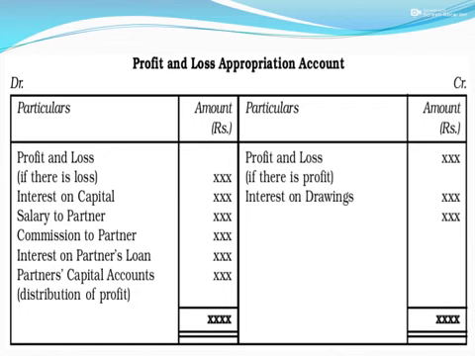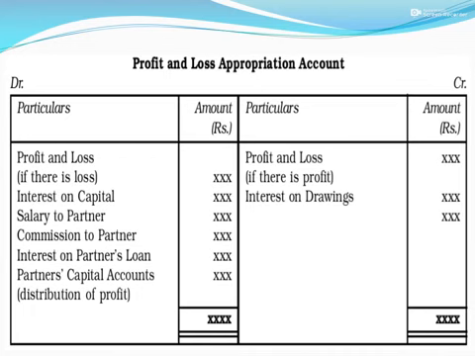Now, this is the format of the profit and loss appropriation account. As we discussed, it is the format of the profit and loss appropriation account. On the credit side, we will write down by net profit if there is a profit.